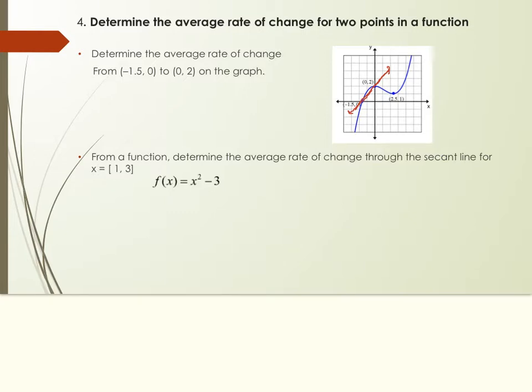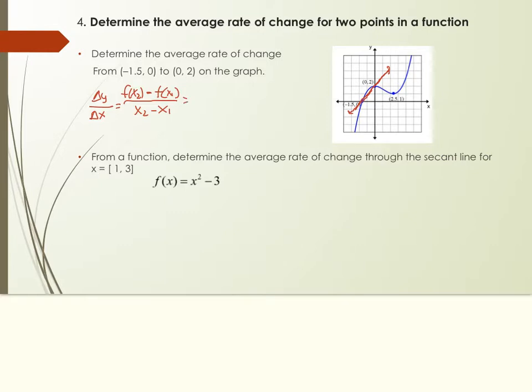So we know how to find that, right? The slope, or the average rate of change, is the change in y over the change in x, right? And we can find out what f of x2 is minus f of x1 divided by x2 minus x1, because that's our average rate of change.